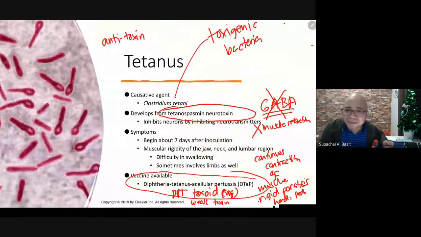Not only children, but even pregnant women, or those women of childbearing age, so that the antibodies will also be transferred to the neonate.